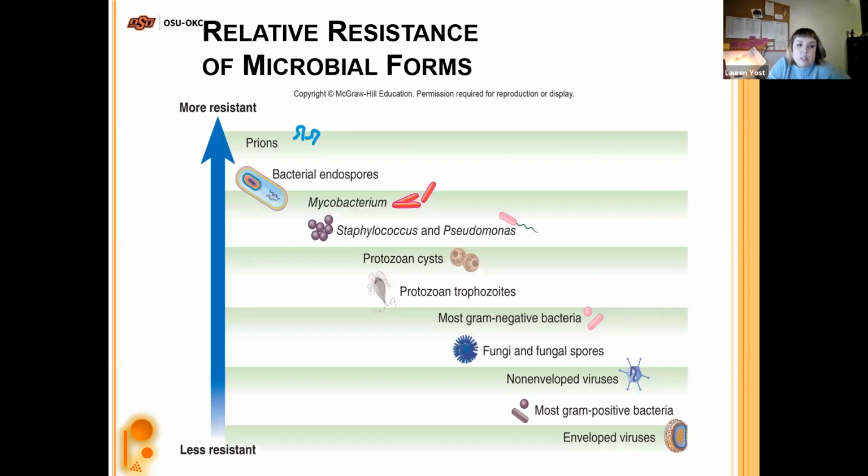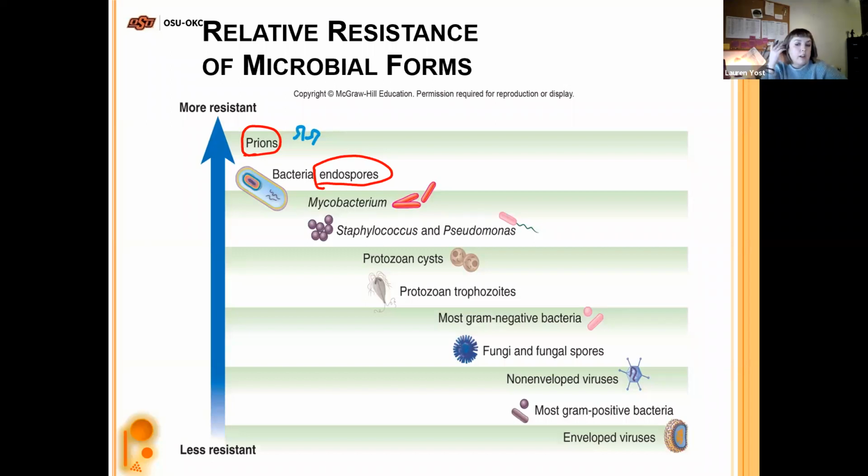So how resistant can things be? We have the bacterial endospores down here. Those are the ones that are going to be the most resistant of the living ones. However, prions, those misfolded proteins, it's really difficult to get rid of those.